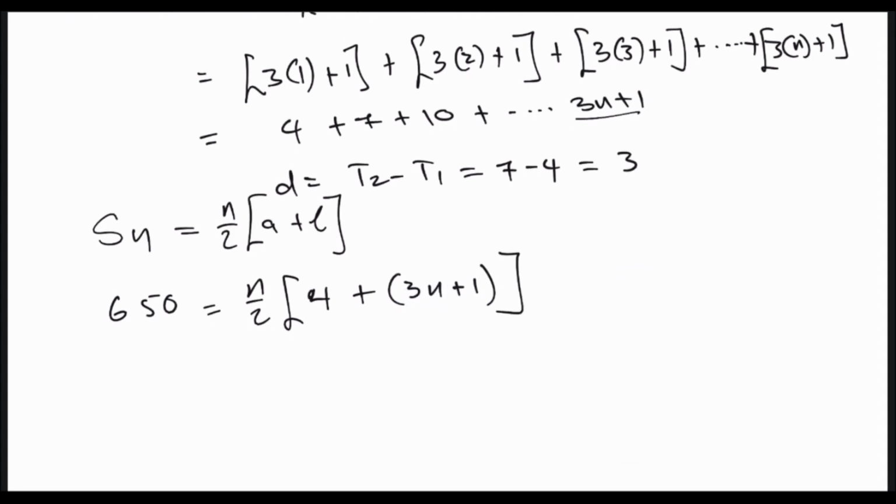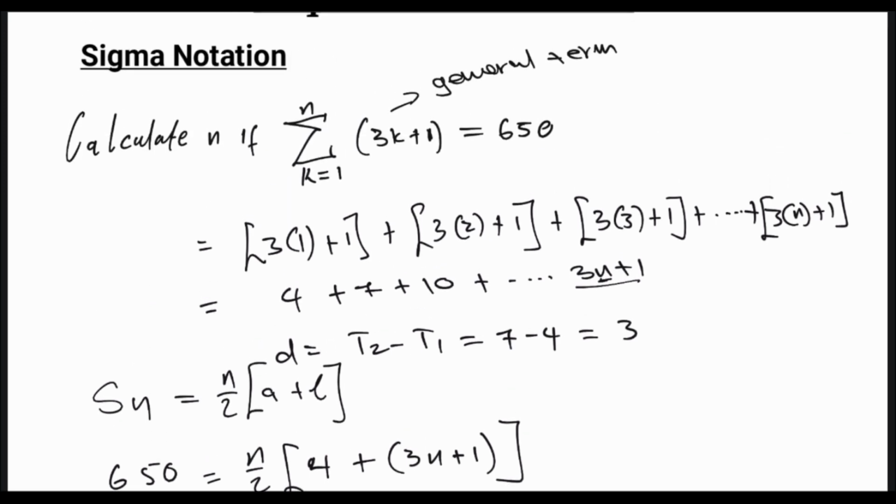Right, but we need to understand something here. What we need to understand is the n's in this case are not the same. Because the n here is the n for the last term, for the last value that we substitute into this general term.